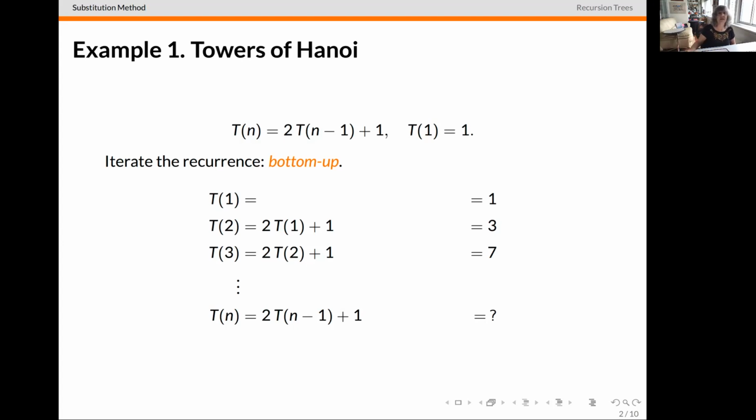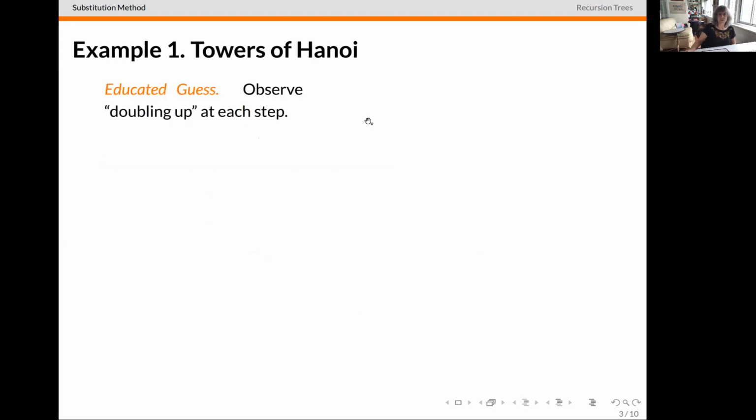values in the recurrence. We're going to see today two methods: the method of substitution, and the other one is the method of recursion trees. In the substitution method, we make an educated guess.